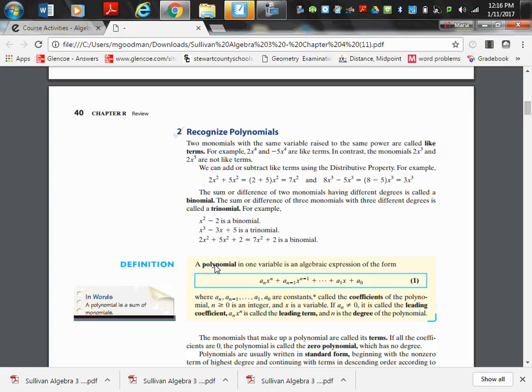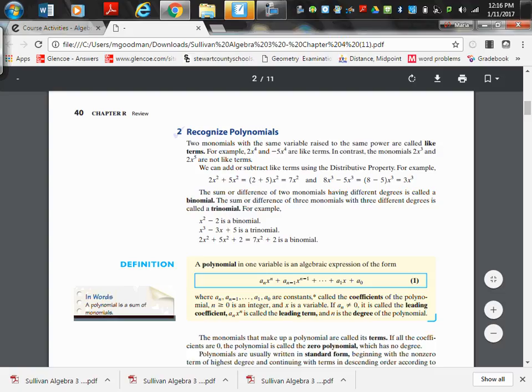All right, so the leading coefficient, when you put them in order, from your exponents from the least to the greatest, the first number is called your leading coefficient. So the one right here, this is your leading.